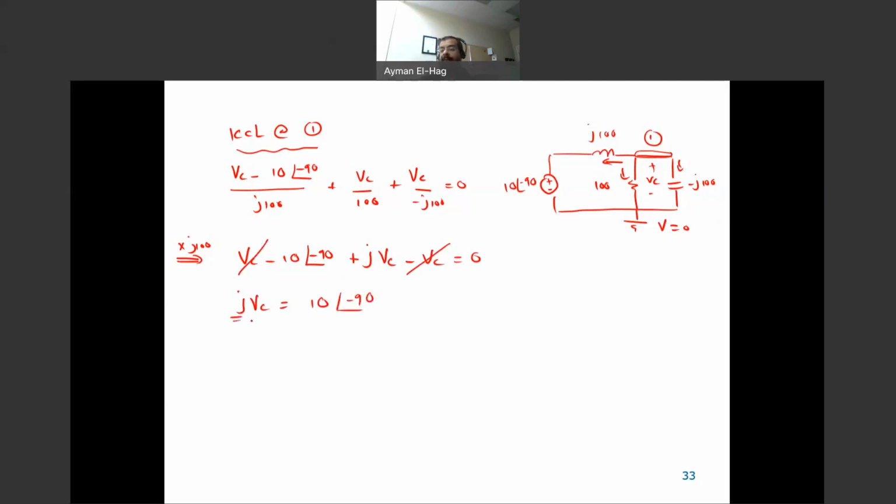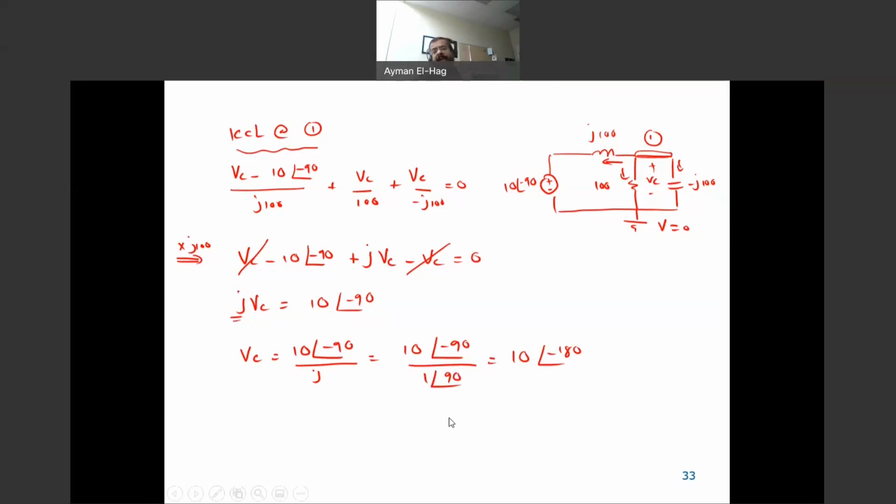But what is j in rectangular if I convert that into polar? Or let's do it step by step. VC is equal to 10∠-90° divided by j, which is equal to 10∠-90° divided by 1∠90°, which is equal to 10∠-180°, which is exactly the same answer that we had before.